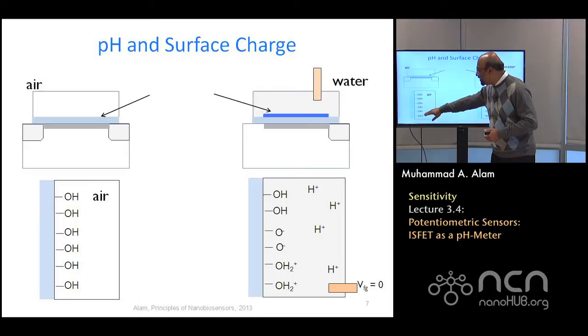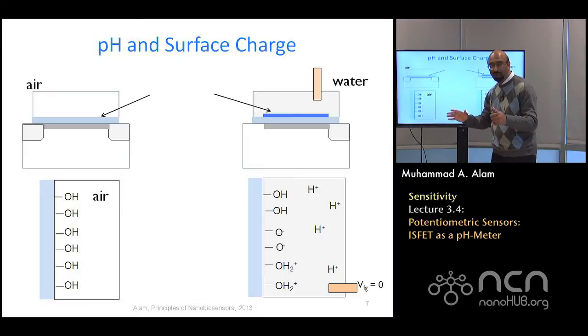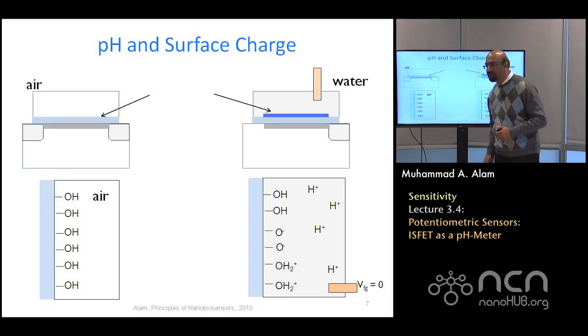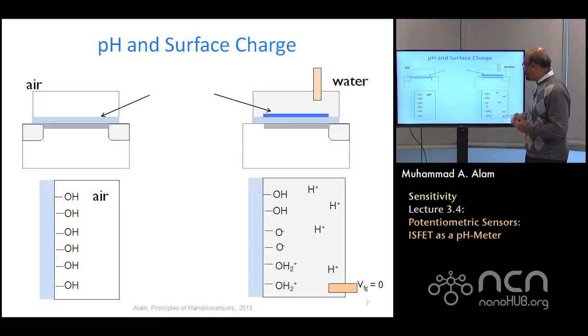If you are in air, then of course there is no discussion about any hydronium, any proton, because nothing will be dissociated in air, and everything is charge neutral, so the transistor doesn't know of anything. It's happy because the surface is charge neutral. Now, as soon as you put things in water, the hydrogen ions, or the protons, will protonate and deprotonate the surface, and a net charge will be generated. Let's calculate what this value is.